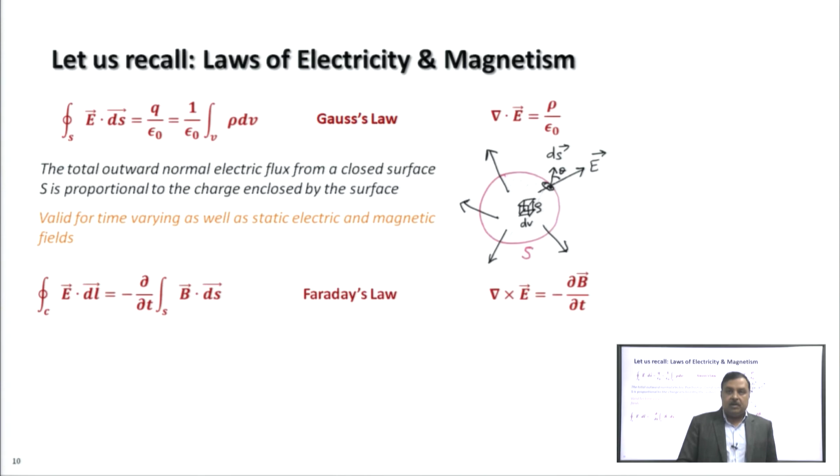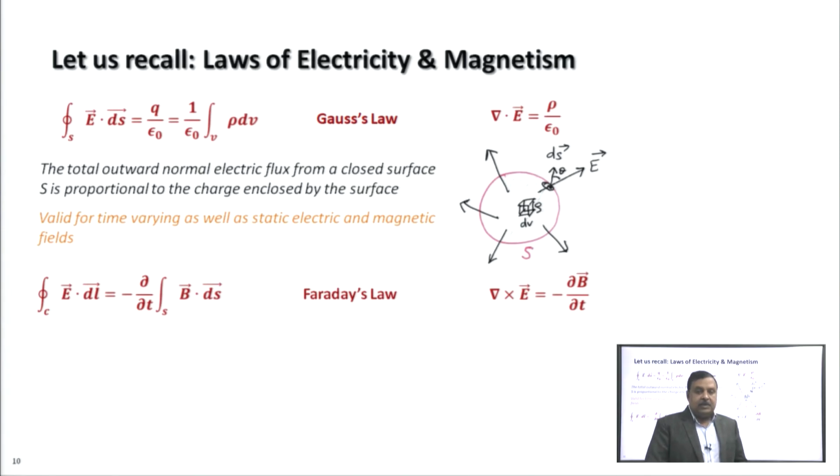The second law is Faraday's law of electromagnetism. The integral on the left hand side is evaluated over a closed path. So, the line integral of electric field evaluated over a closed path is equal to minus delta by delta t surface integral B dot ds, as the surface integral is evaluated over the surface which is enclosed by the closed path.